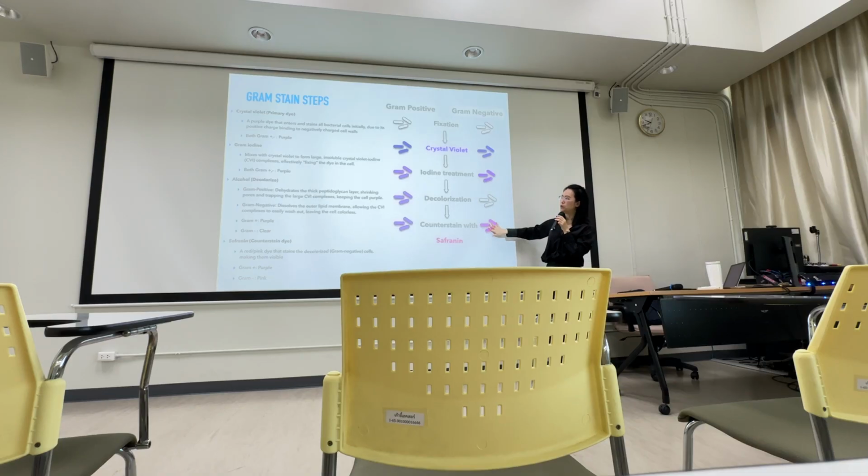After that, we put the counterstain, which in this case is safranin. The safranin will show as a pink or red color, and the gram-negative bacteria that didn't have any color after decolorization will stain with the red color. So now we can distinguish between gram-negative and gram-positive bacteria.